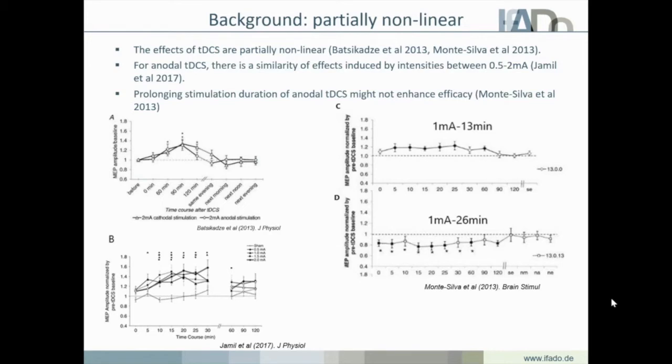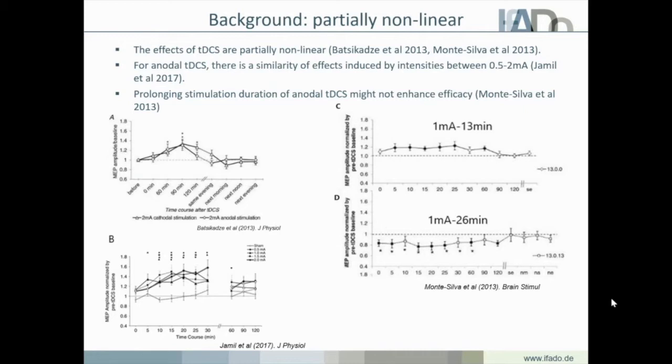So this nonlinearity that has been shown recently has led to a lot of thinking as to what is the basis of this nonlinearity and how it affects the application of tDCS in cognitive and clinical studies.